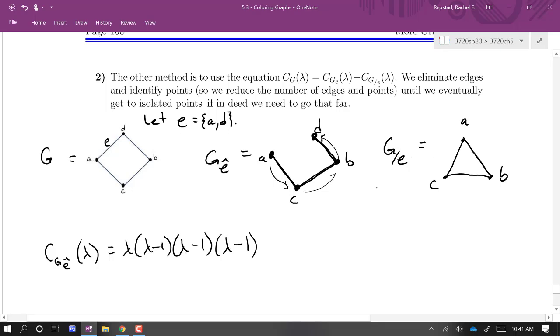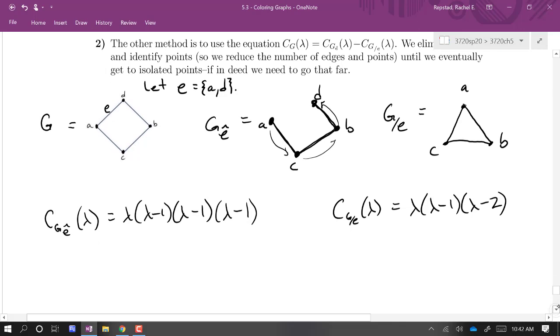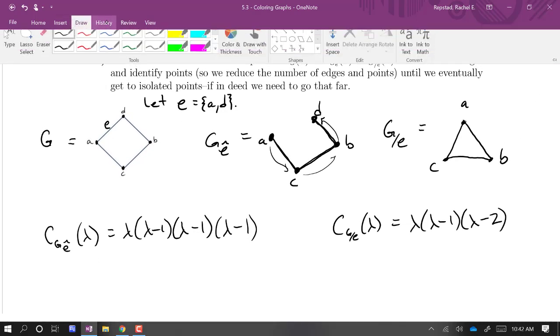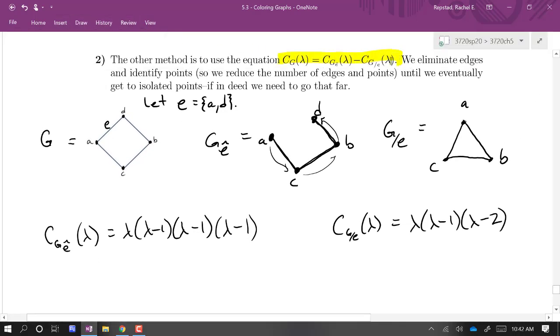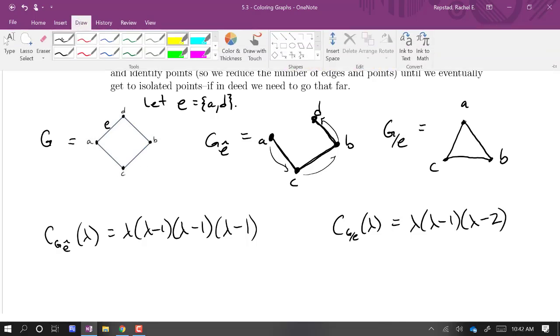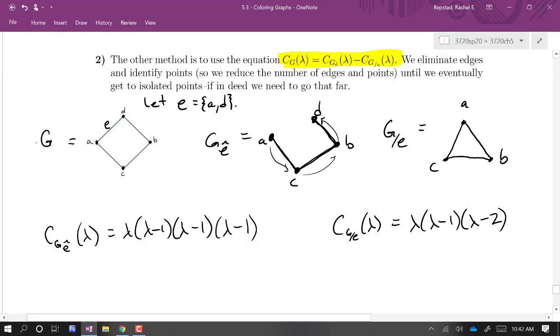Now over here, we could do this one by inspection. This is in fact the complete graph on 3 vertices, but we could see that each vertex is connected to the other 2. So once we use a color, we can't use it again. So we have lambda, lambda minus 1, lambda minus 2. And now we're going to use this version of the equation. We want the chromatic polynomial for G, right?